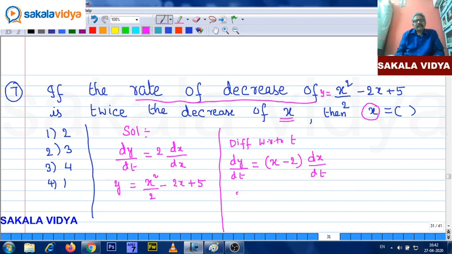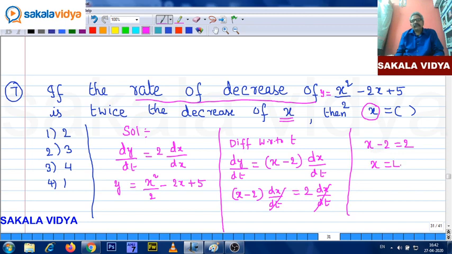So x minus 2 into dx by dt equals dy by dt, which is given as 2 times dx by dt. Dx by dt gets cancelled. We have x minus 2 is equal to 2. Simple linear equation you need to solve. 2 plus 2 is 4. So x is equal to 4. Third option.